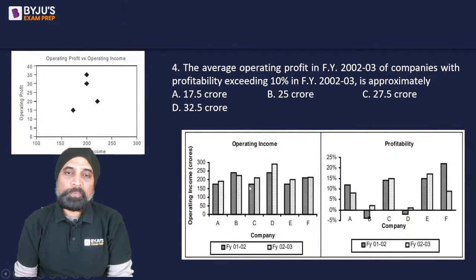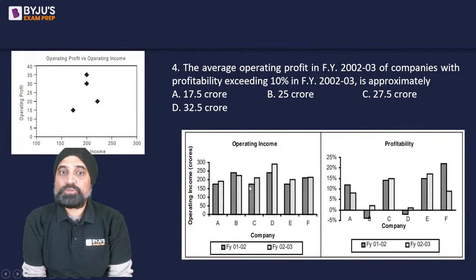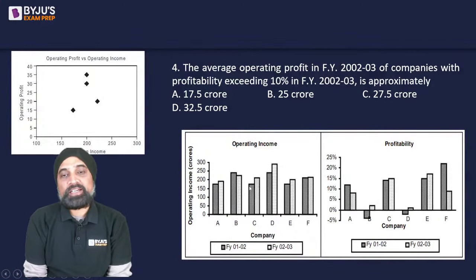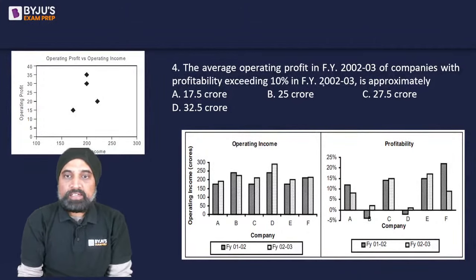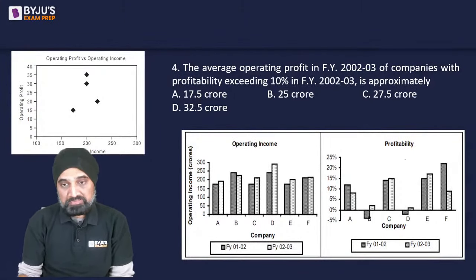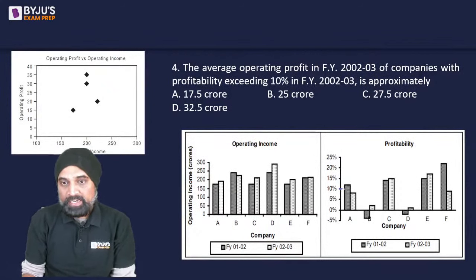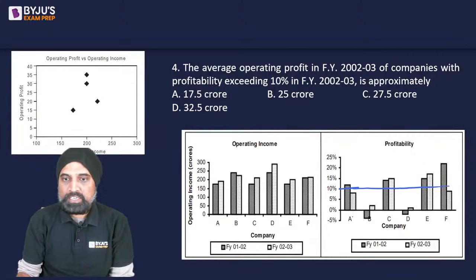The average operating profit in fiscal year 2002-2003 of companies with profitability exceeding 10% in fiscal year 2002-2003 approximately is. So profitability exceeding 10%. So can we say we have 4 companies?